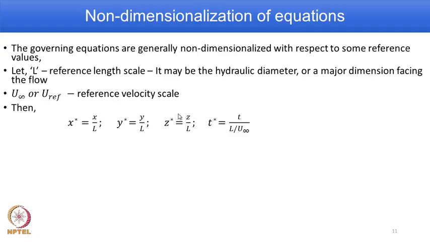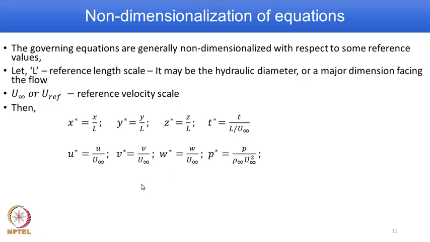So, it is y over L and z over L, and time t is non-dimensionalized from these two. L over u infinity will give you the time. So, any time related quantity, for example, the first term, the time derivative term, is divided by L over u infinity to get the non-dimensionalized time t star.